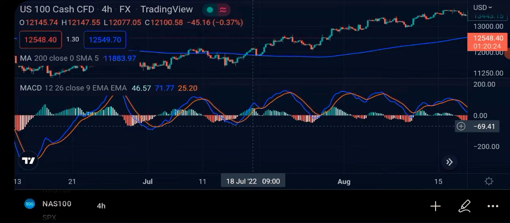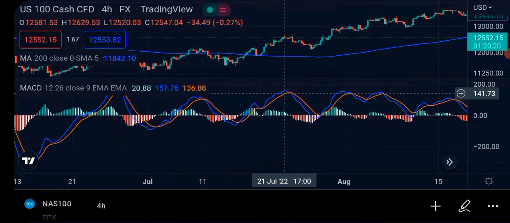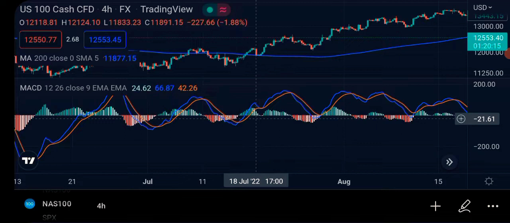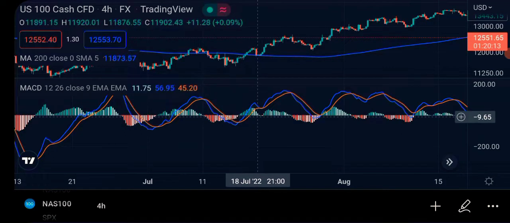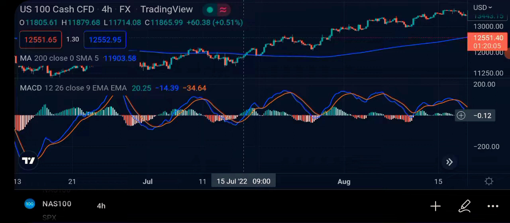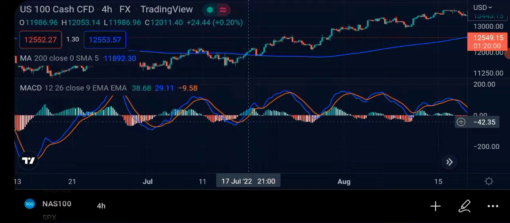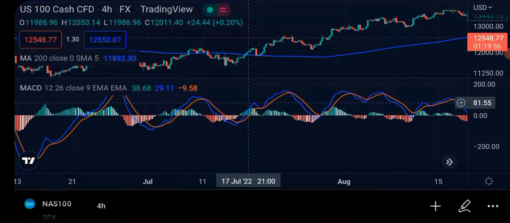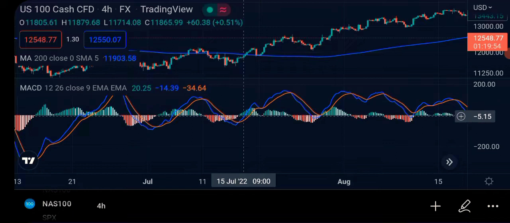So now once the amber color crosses the blue color and it's above the zero level, the zero level is the beginning of the middle of the two histograms, or the two sets of histograms.